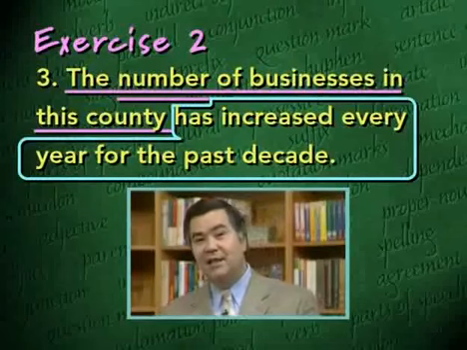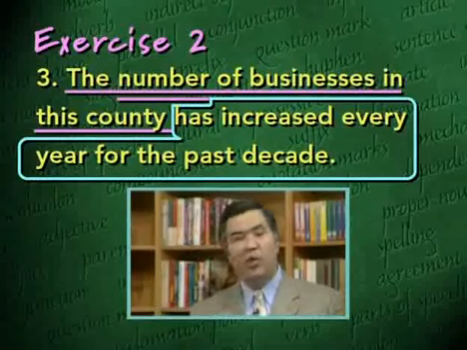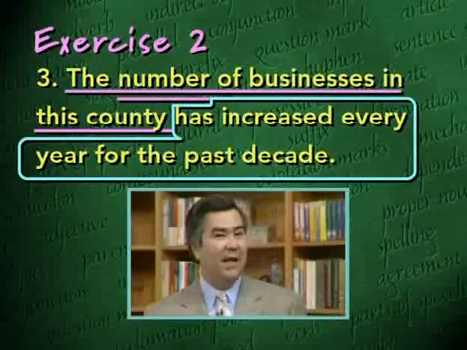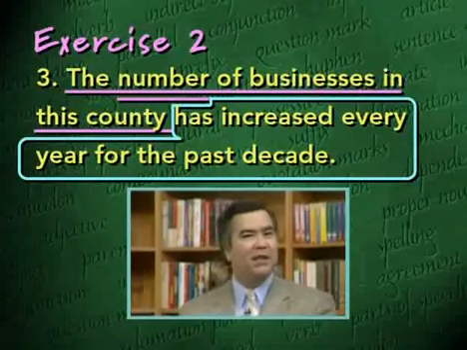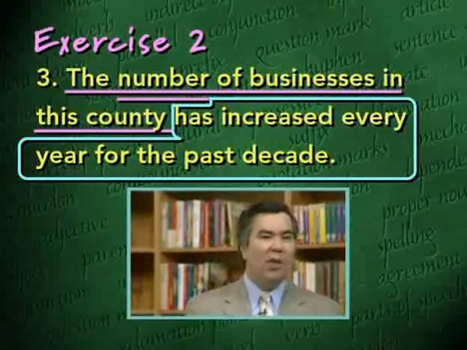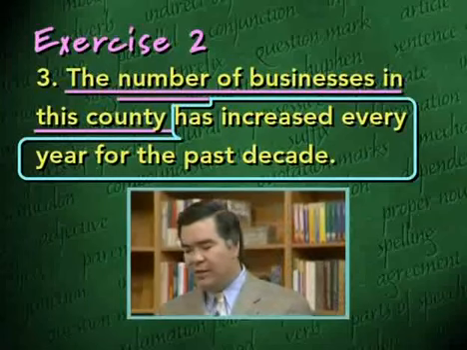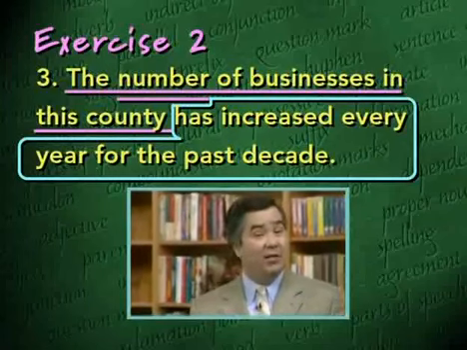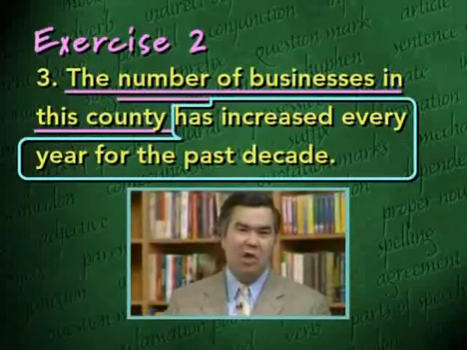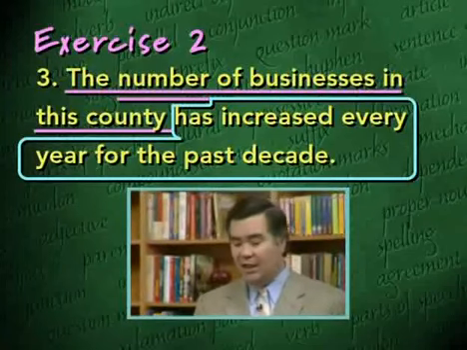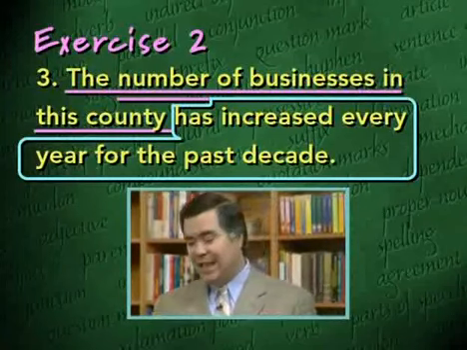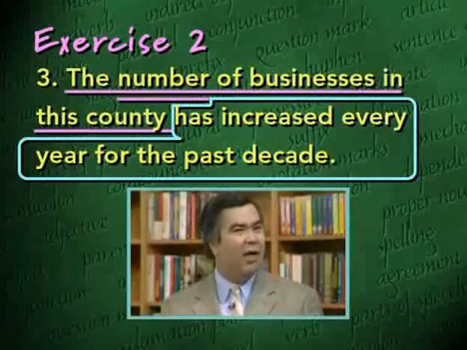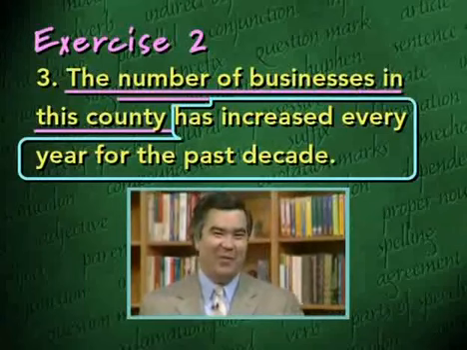Now, looking at this sentence, what has increased every year for the past decade? In other words, what does the predicate refer to? Is it the county that has increased? No, the county hasn't increased. Is it businesses? No, not really. What has increased is the number of businesses.